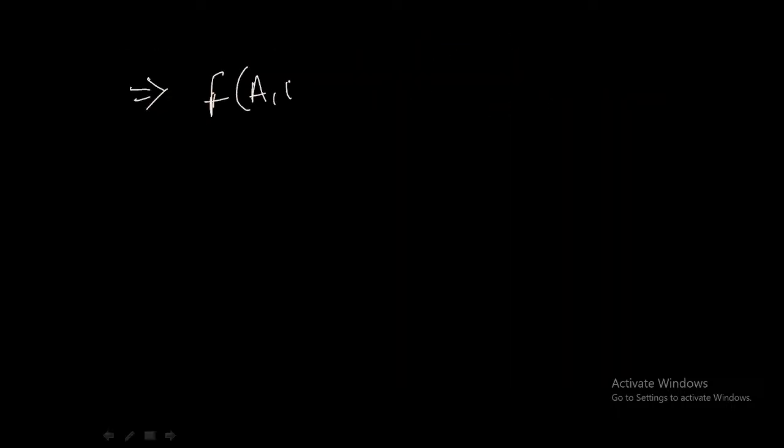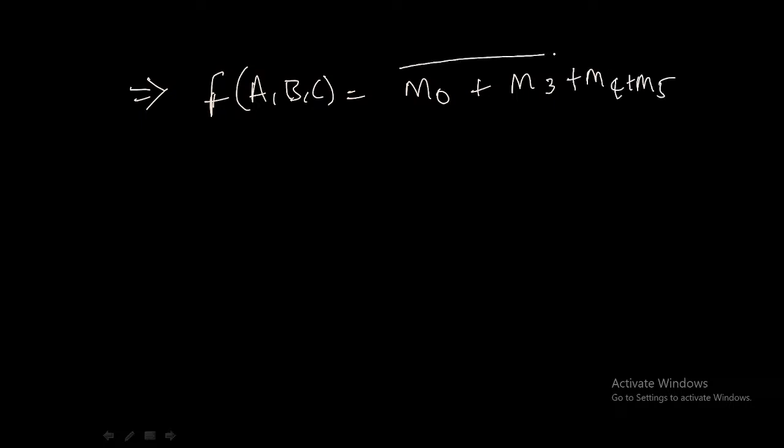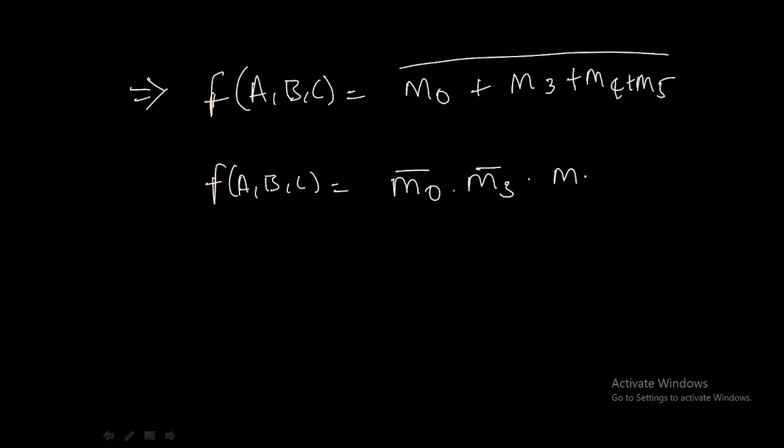So F of a, b, c is equal to (m0 plus m3 plus m4 plus m5) the whole bar. This is what I am getting. Now if I apply De Morgan's law, what will I get? F of a, b, c can be written as m0 bar into m3 bar into m4 bar into m5 bar.